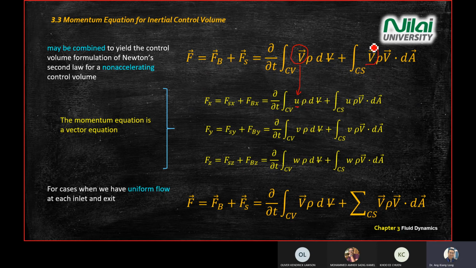The rest you just copy. Same applies for y: you change the u to v, and you change the control surface velocity vector into v. If you analyze the z direction, you change to w.